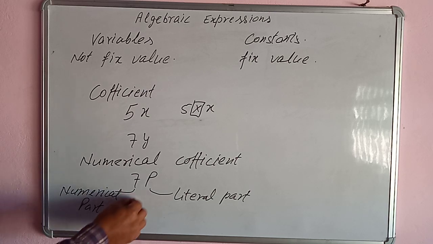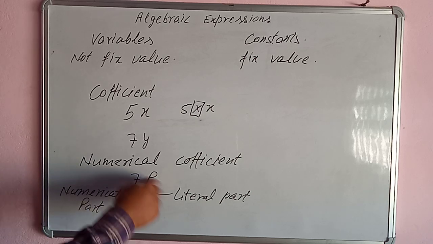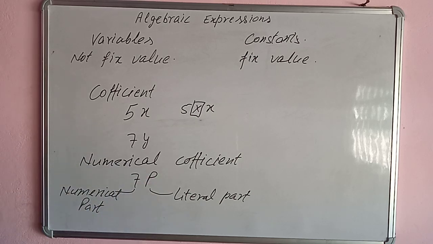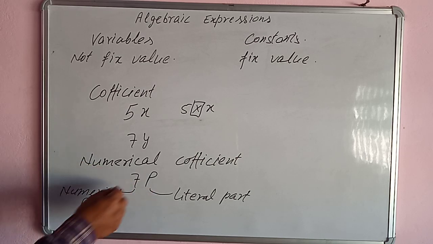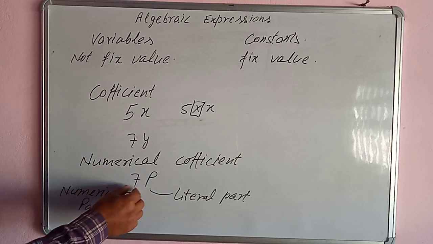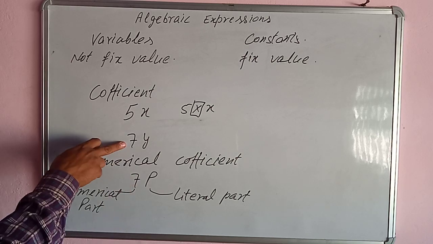So 7 is the numerical part and p is the literal part, because p is an English alphabet. What is the numerical coefficient of p here? That is 7. So the numerical coefficient here is 7. And what is the literal coefficient? That is p here.